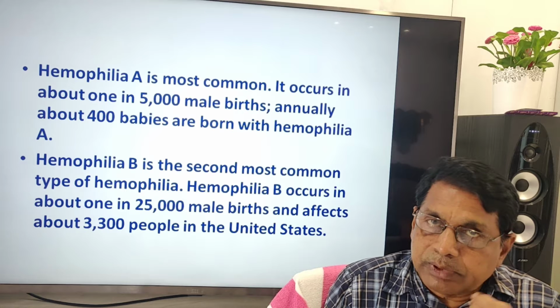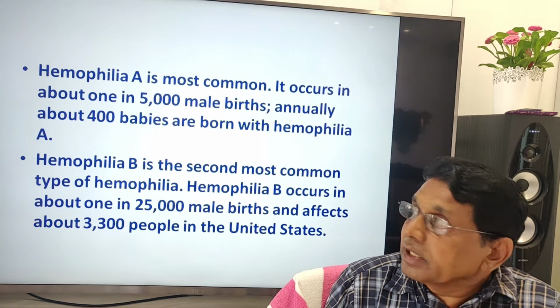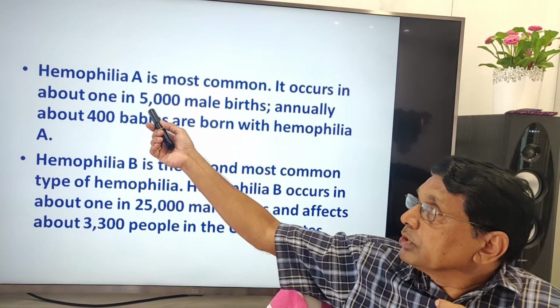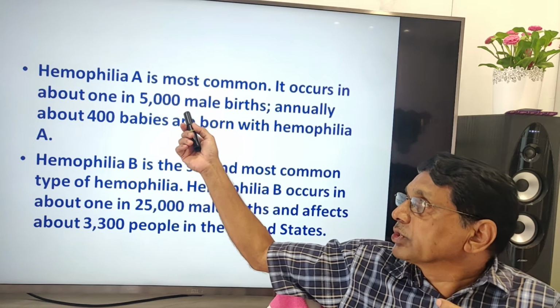A, B, C, Parahaemophilia, like that, six or seven types are there. Haemophilia A is very common. It occurs in about 1 in 5,000 male births.